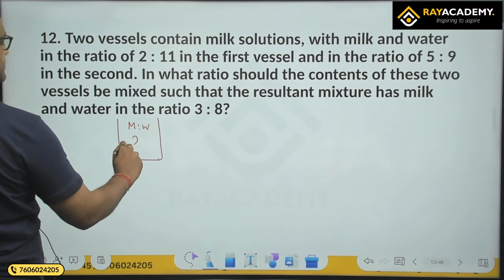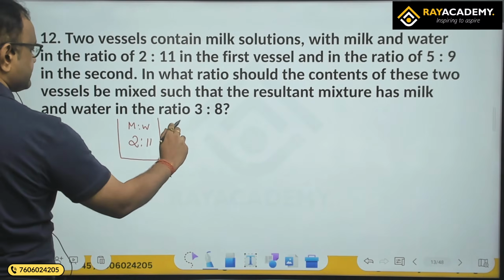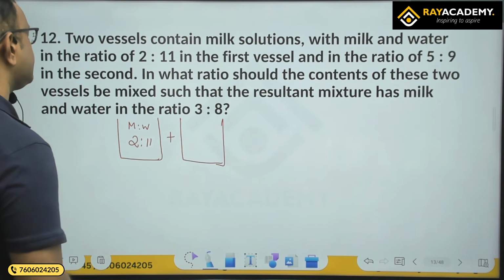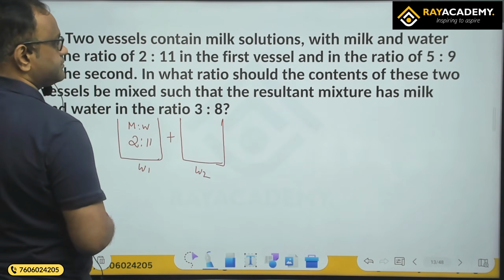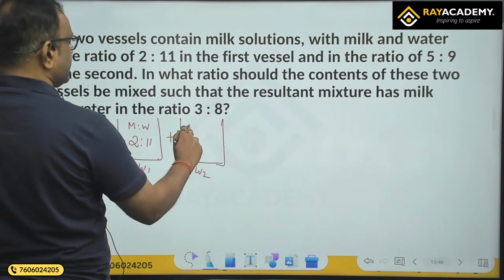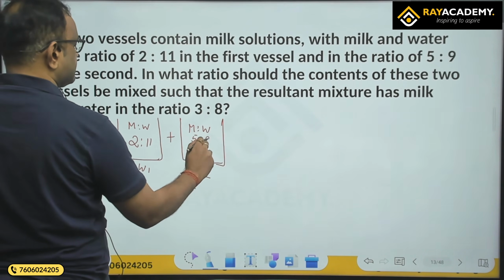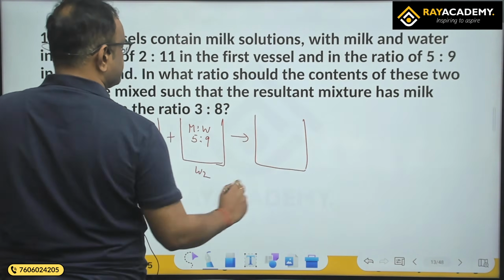Milk and water ratio 2:11. This is vessel 1. It is mixed with vessel 2. Vessel 2's quantity is also not known. Suppose it is W1, it is W2. But the milk and water ratio they have given is 5:9, and they are mixed at a certain ratio.